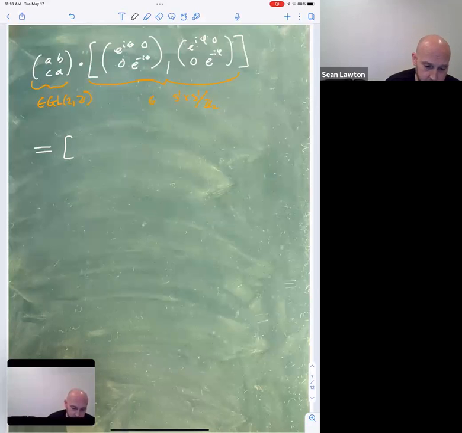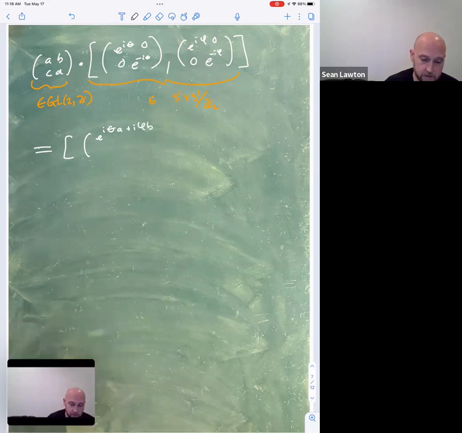I'll write e to the i theta a plus i phi b, 0, 0, and then I have to put the minus one there. Okay. And then the next one is e to the i theta c plus i phi d.